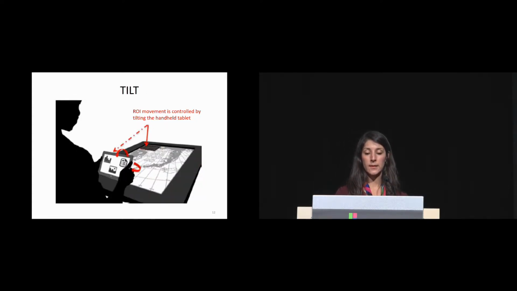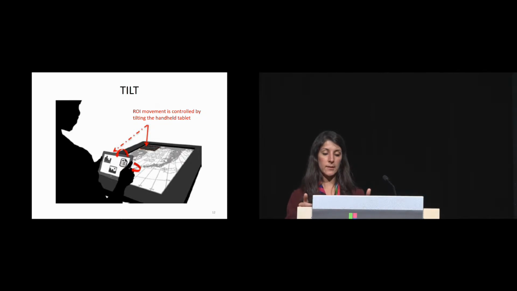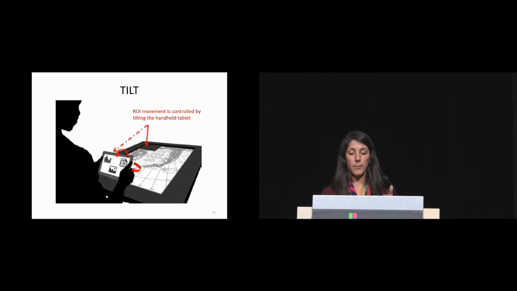Our second technique was called tilt, and it models existing techniques for controlling content on a large display remotely. Users initiate movement using a hold button that is on the edge of the tablet interface. And while pressing the hold button, users can scroll across the map by tilting the tablet and stop movement by releasing the button.